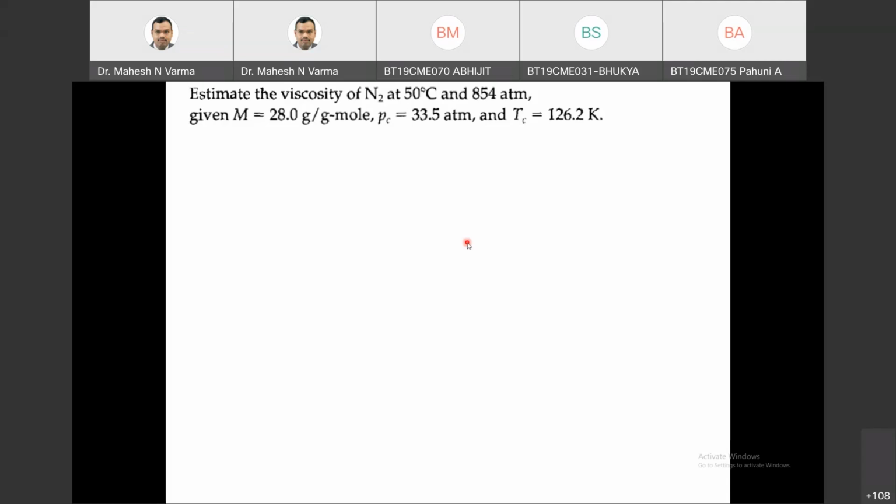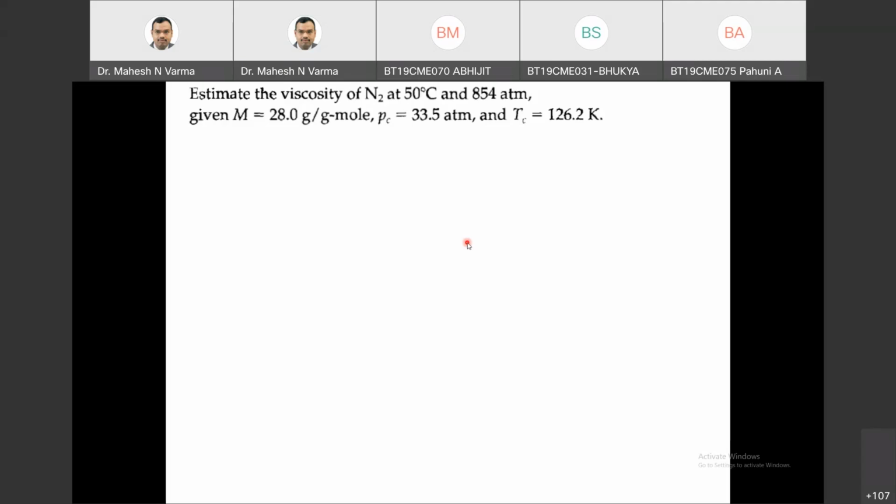So what will be the reduced temperature for the given case? The critical temperature is 126.2 Kelvin.